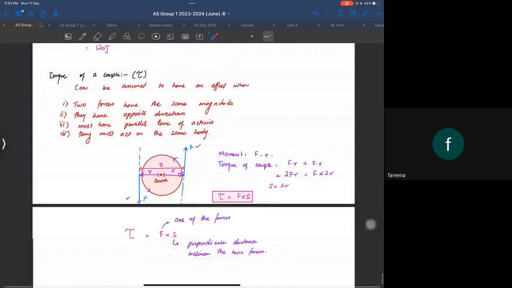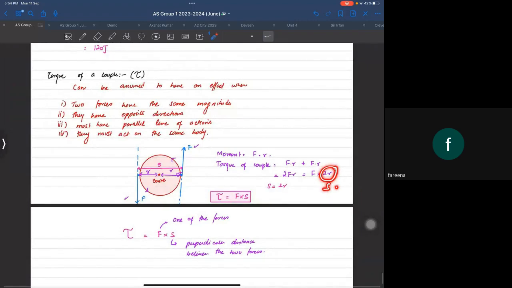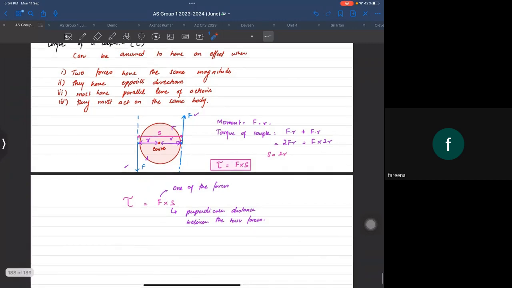So I can replace this 2R with S right here. So that means that to find the torque of a couple, you just need the magnitude of one force and the distance between the two forces. It will give you the total torque of that couple. Get it?